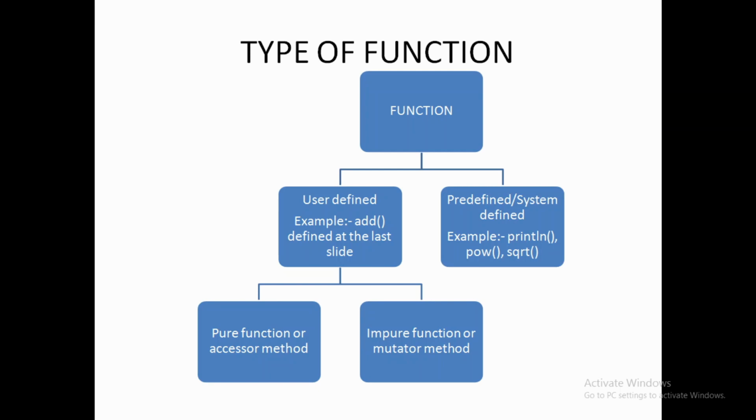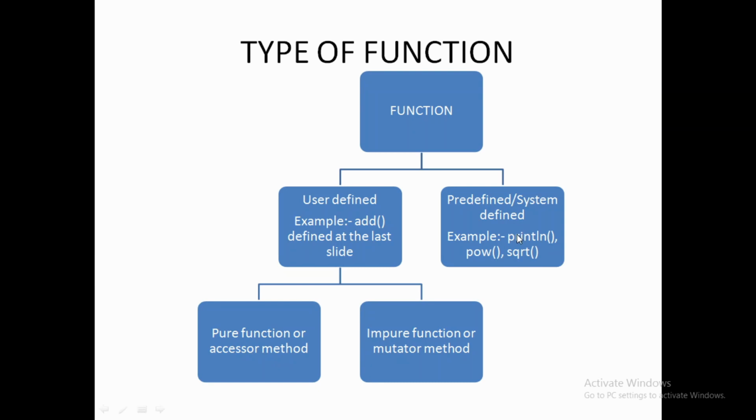These are user-defined methods and predefined or system-defined methods. User-defined methods are those which are defined by the users or the programmers, as we have done in the previous slides by defining the add function.